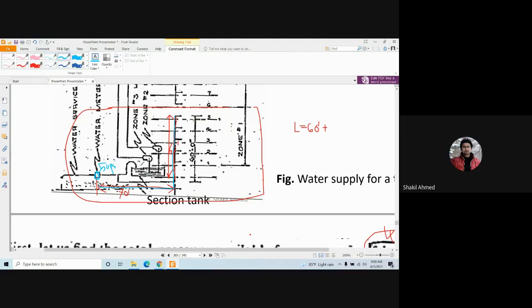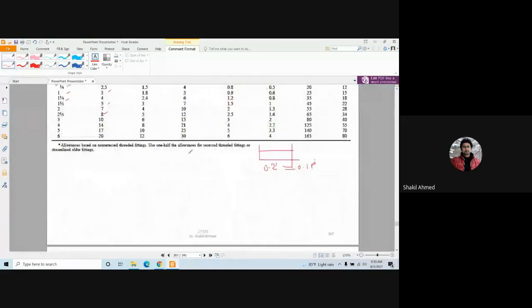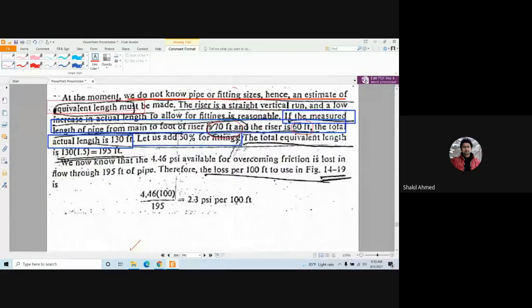So from here all the way up to there, what is the total length? 60 plus 70. That is 130 feet.